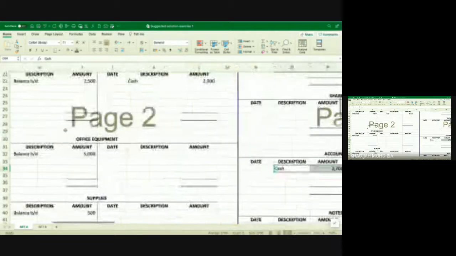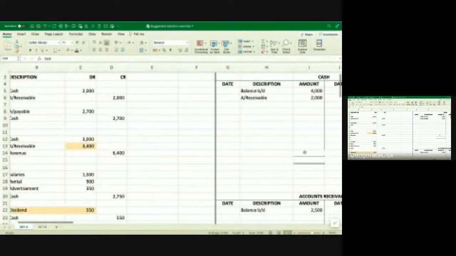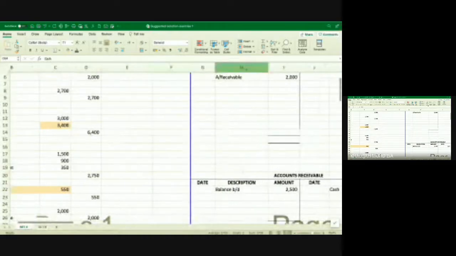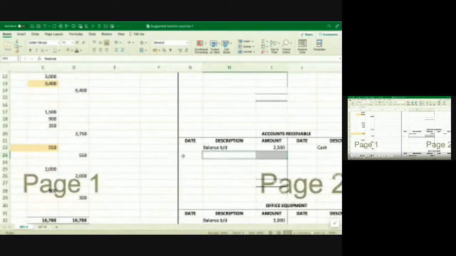So you just follow your journal entries and plug the information into the T accounts. Here we have cash of 3,000, accounts receivable 3,400, and revenue of 6,400. So you debit your cash 3,000. Where's your accounts receivable? Debit another 3,400. And where's your revenue?